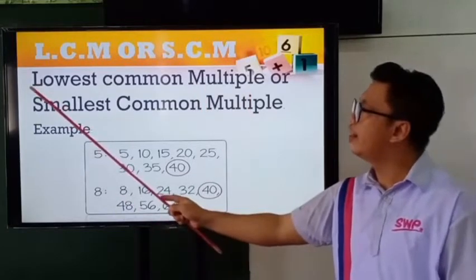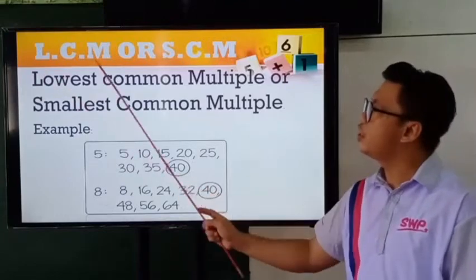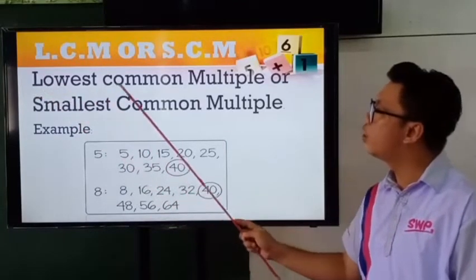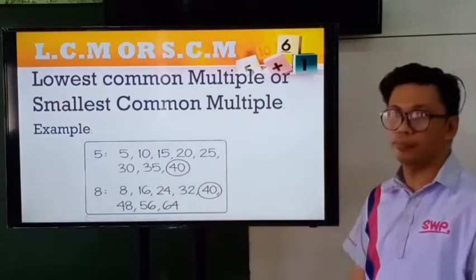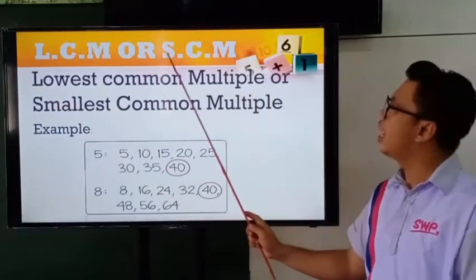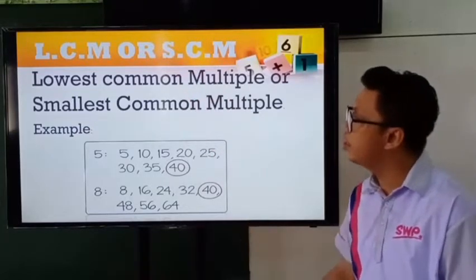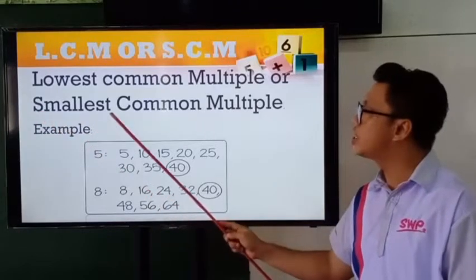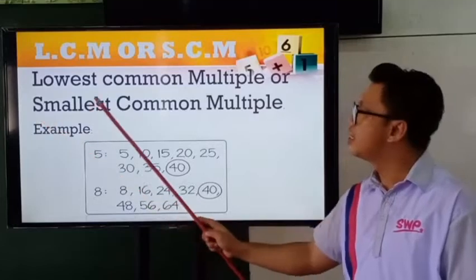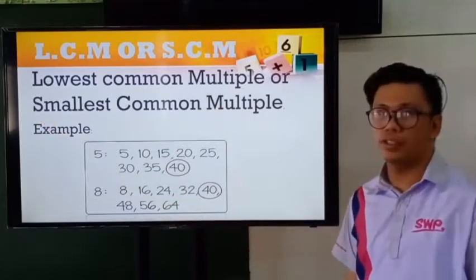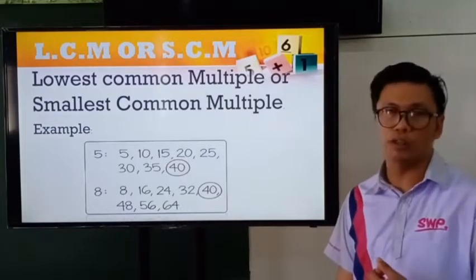Or we can call it SCM. What is that SCM? When we say SCM, that is smallest common multiple. So that is SCM, or smallest common multiple.